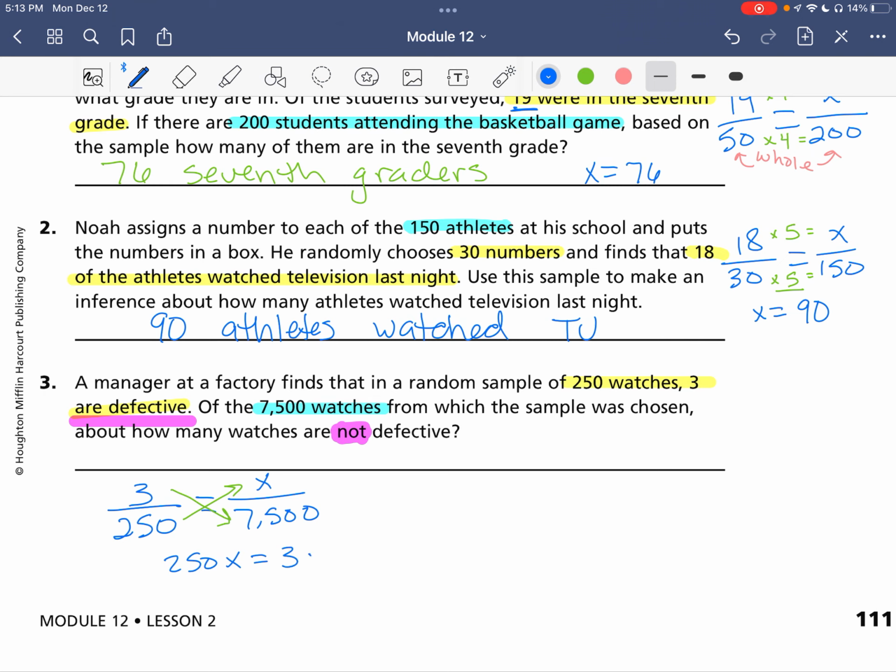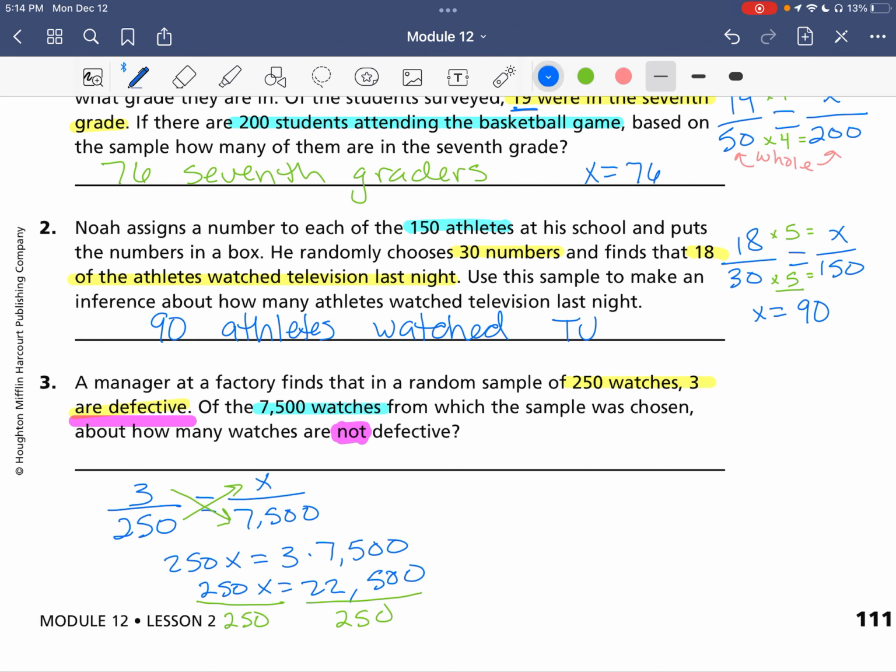So we're going to have 250 times x equals 3 times 7,500. When we multiply that out, it's a nice big number here, 250x equals 22,500. And then we're going to need to divide by 250 on both sides.